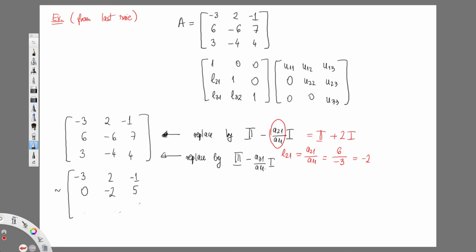This means that my L31 is A31 divided by A11, and in this particular case that is 3 divided by minus 3, which is minus 1. And this simply is, I basically just sum up 3 and 1. So when I do that, minus 3 plus 3 is 0, 2 minus 4 is minus 2, minus 1 and 4 is 3.